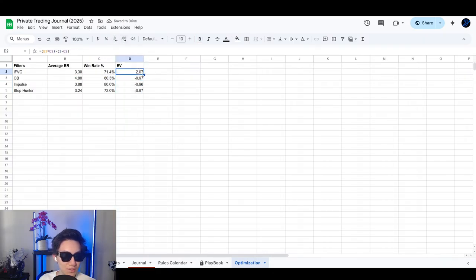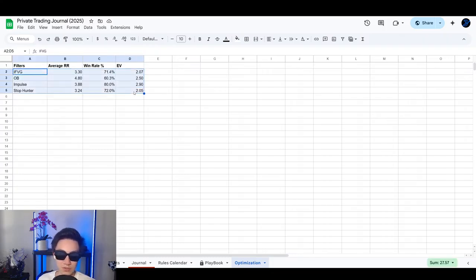And why are these negative? Oh, we have to convert these again. And there we go. So basically what you're seeing here is the EV, which is a pure performance metric of my strategy. And you can see just using this optimization here, this is not even optimizing, guys. This is very basic stuff first.